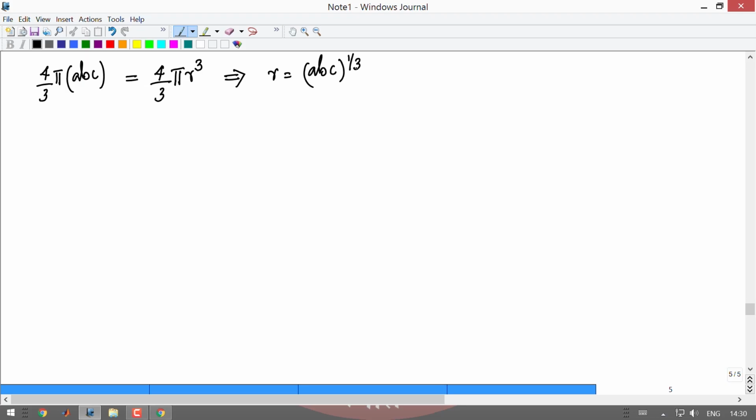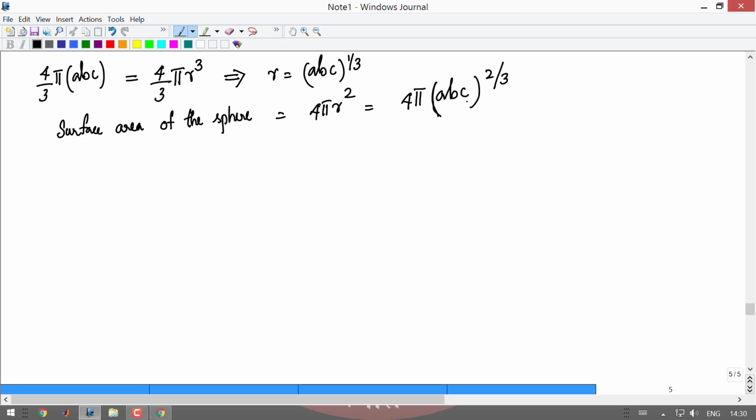So, now we will calculate the surface area of a sphere with a radius of r, that is ABC to the power of 1 by 3. So, surface area of the sphere will be 4 pi r square, so r square will be ABC to the power of 2 by 3, giving 4 pi times ABC to the power of 2 by 3. So, this is the surface area of the sphere.